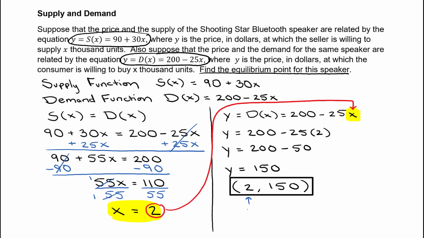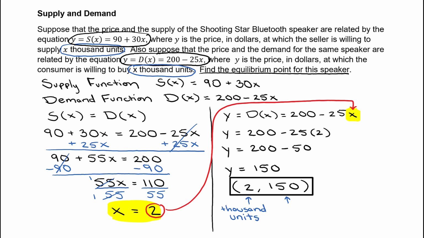And I'm going to also look back in the problem where it said what x represented, and I'm going to circle that. So it said here x represented x 1,000 units. And there were 2 places in the problem that said it, so I'm going to circle both of those places. And underneath the 2 and underneath the arrow, I'm going to write down 1,000 units. So that just means that you're aware that that 2 actually represents 2,000 units.